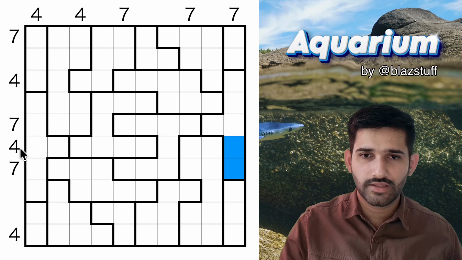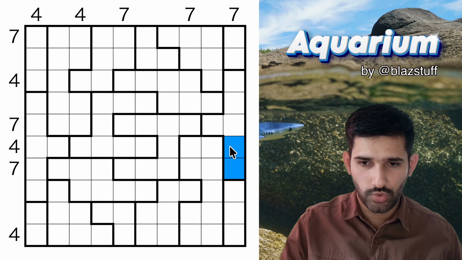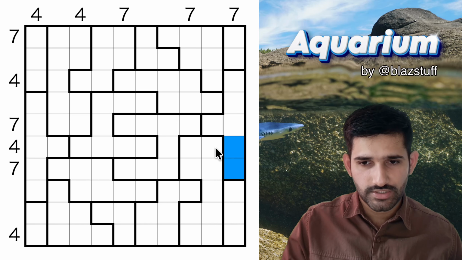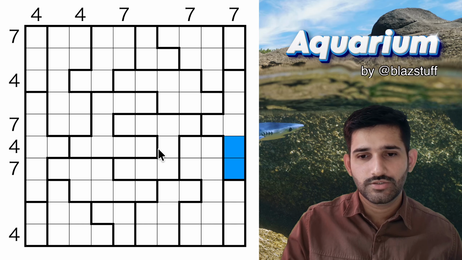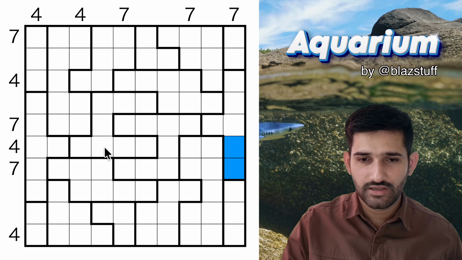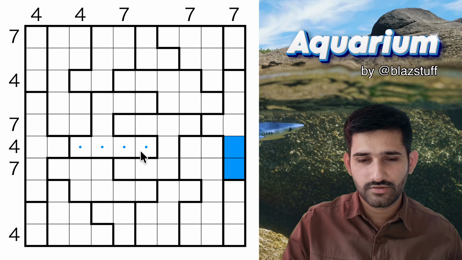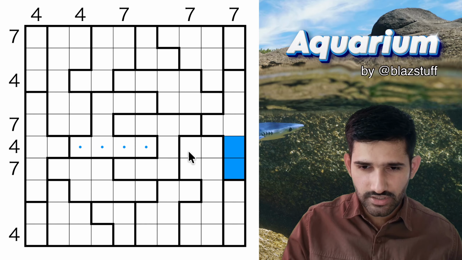Okay, now look at this 4. We need 4 cells in this row, and we already have 1 cell filled with water, so we need 3 more cells. To make 3 cells, we cannot fill any of the cells in this region of the container, because if we fill any of the cells, we'll have to fill all the cells because water has to maintain its level. So these are all going to be empty, which means from the rest of the cells, some are going to be filled.